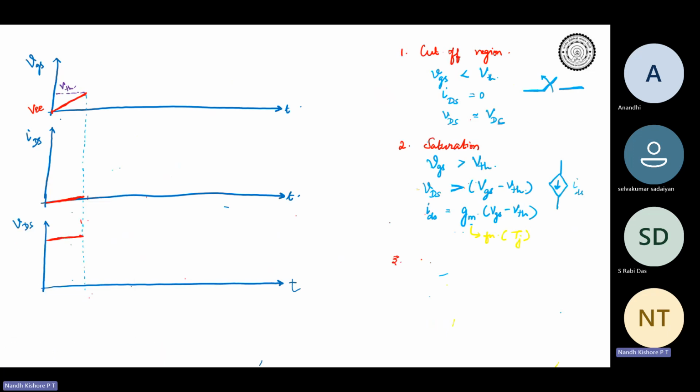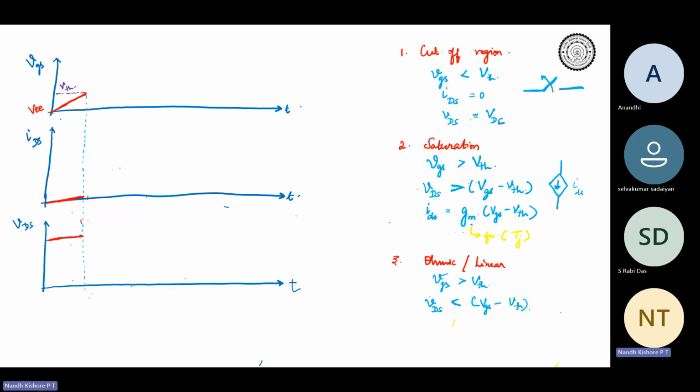And third comes your ohmic region or linear region. Of course, this definition is only for a MOSFET. For IGBT, you know that saturation and linear regions are interchanged in nomenclature. In the ohmic region, VGS is more than V threshold, but more importantly, VDS is less than VGS minus V threshold.